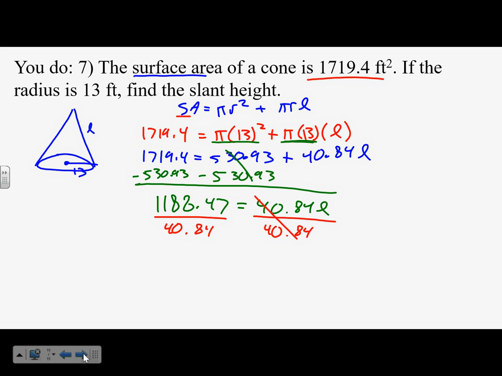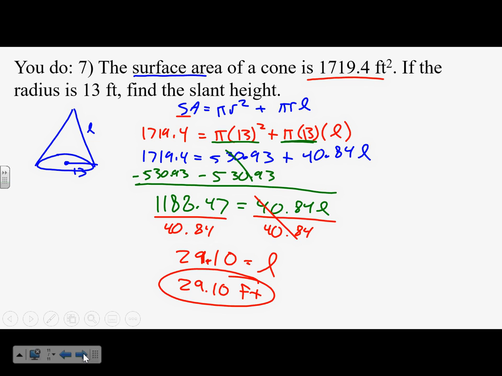You end up getting 29.10 is the slant height. So that'd be 29.10 feet. Not feet squared, because the slant height is not an area, it's not squared, just 29.1 feet.